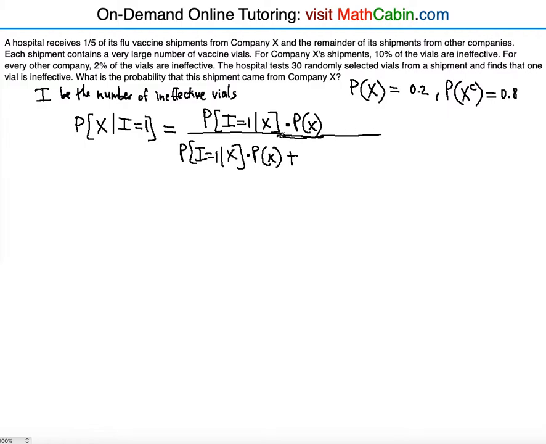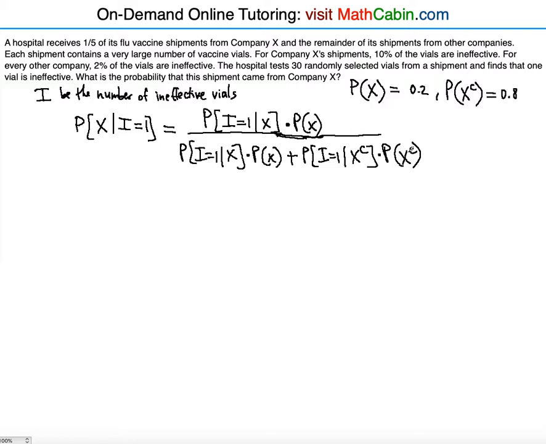plus the other possibility. The ineffective being 1 comes from the second shipment, right? Given the second shipment, what is the probability of the ineffective vial? Because the ineffective vials can also come from the other companies besides company X. That's why it has to exist.